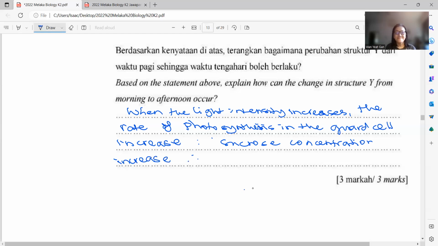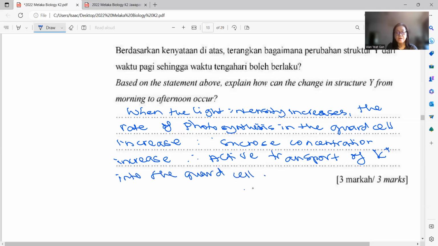Okay, then at the same time, active transport of K plus, potassium ions, into the guard cells will occur.